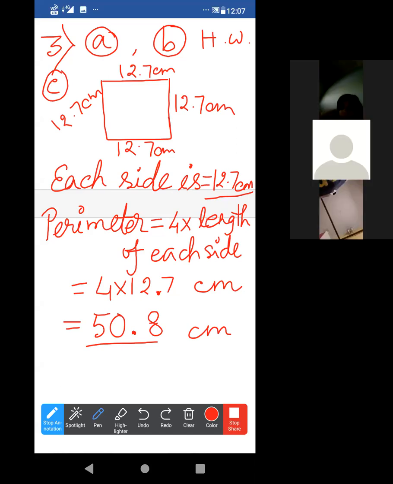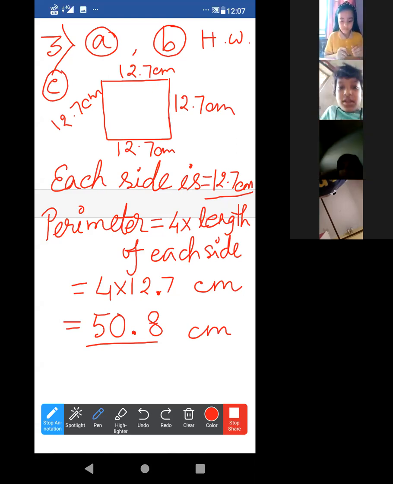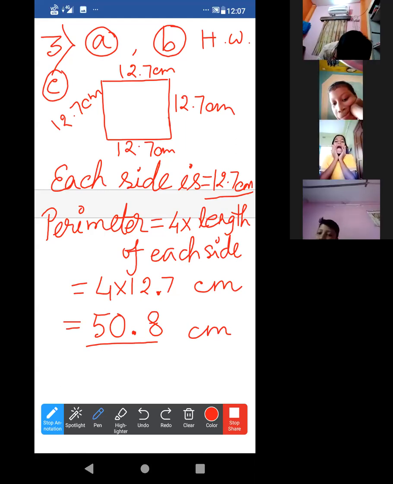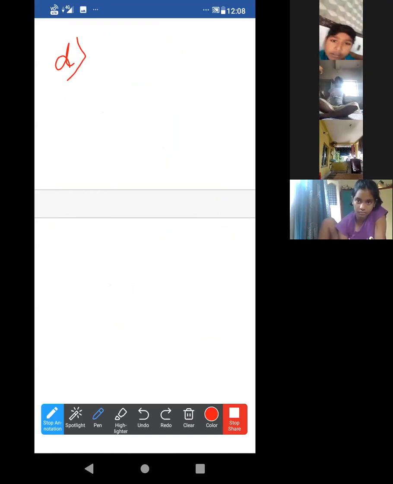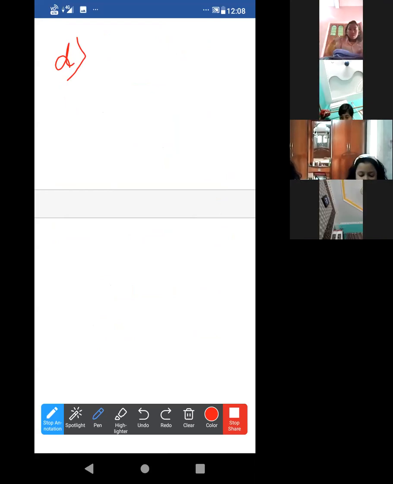Swarnakshi, Somdatta, Sheikh Irfan, keep your camera on. Okay, Shomodeep. Anushka, what are you doing? I'll remove you from my class. I told you that you can't talk to your family member or any other person while my class is going on. Shekaran, keep your camera on.